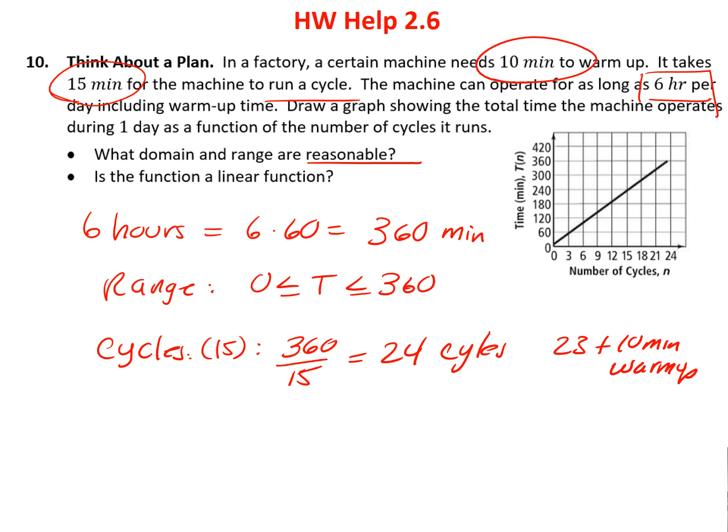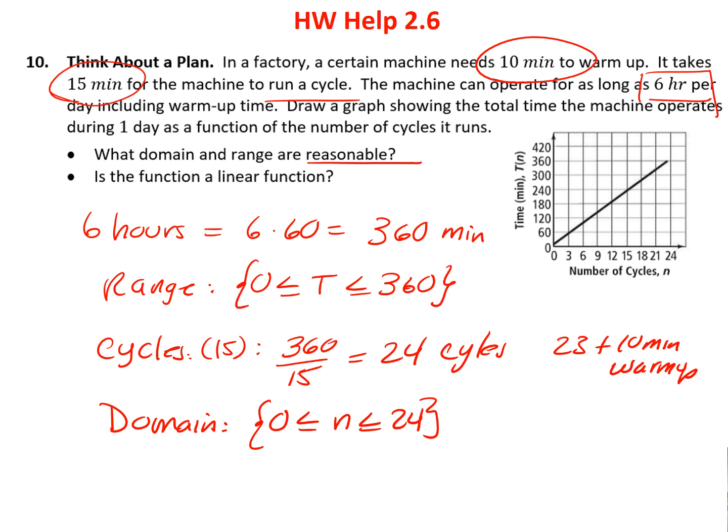So as a domain, the number of cycles, I might make it less than or equal to 24. It's probably not going to go to 24, but that's my domain.